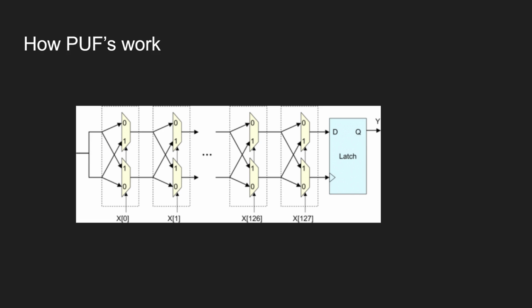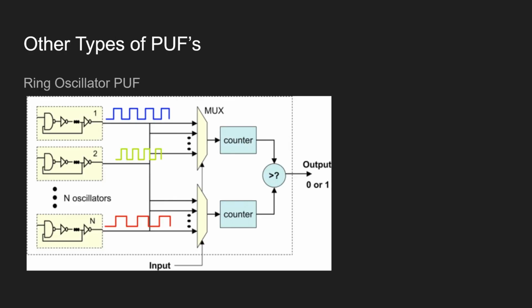And now that we understand how this PUF works, which is inputs through an extended logic gate into a single output, we can now talk about other types of PUFs. There is a ring oscillator PUF.